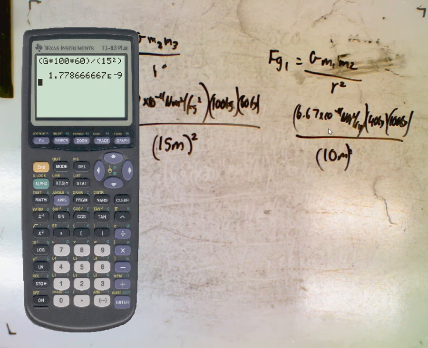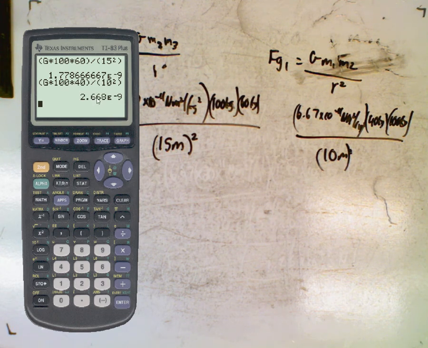So I said that I expected 1 to be a little bit bigger, so let's see if it is. If I push second enter, it just types in the last thing I typed in. So I want to find between the 100 and the 40 kilogram mass, and then they're 10 meters apart. Just to save myself a little bit of time, and yeah, it's a little bit bigger, right? Just a little bit bigger than the first one.